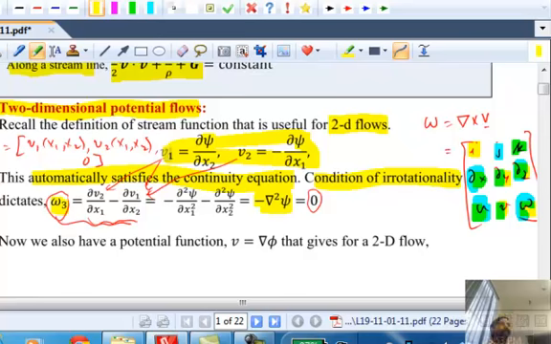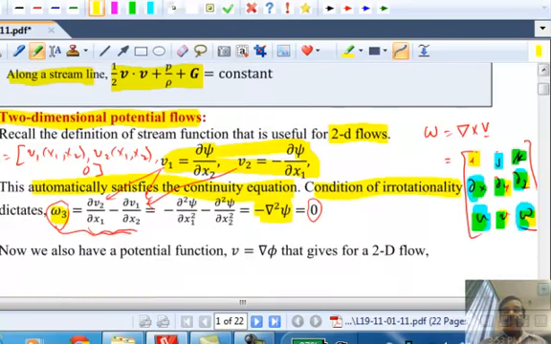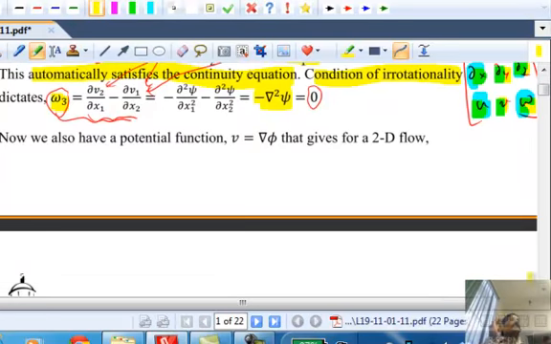Or I can solve a Laplace equation and interpret its solution to be the velocity potential, and then I get the velocity components as the gradient of the potential. I will automatically satisfy the continuity as well as the Euler equation. So there are two alternate ways of getting the solution to the 2D potential flow problem. Any questions on that?